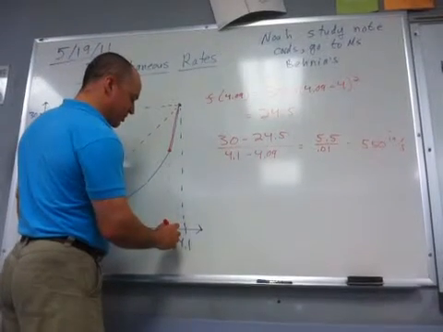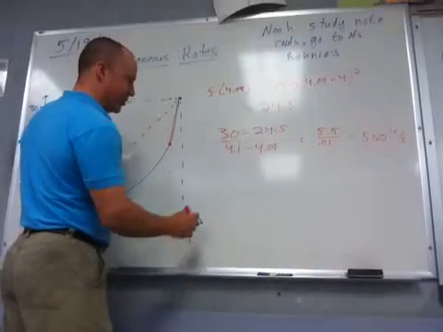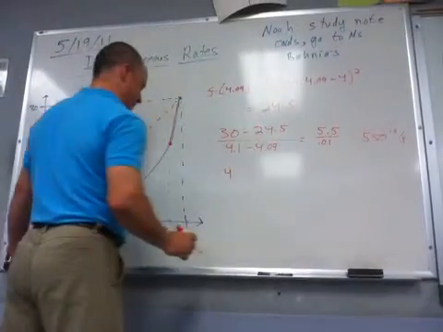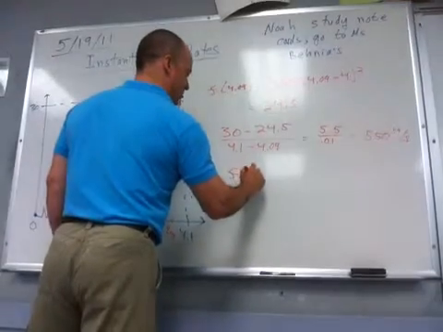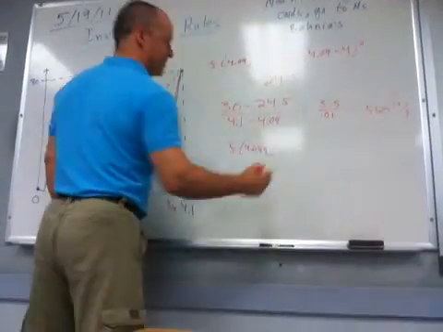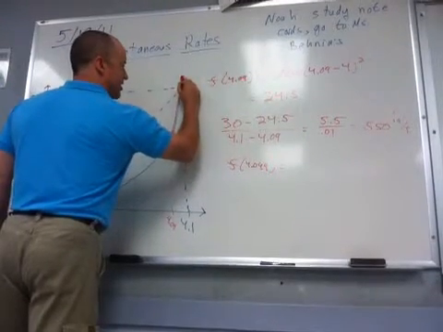But now let's go out further. What happens at 4.099? What's f of 4.099? We're chasing an instant. I want the slope from here to here.